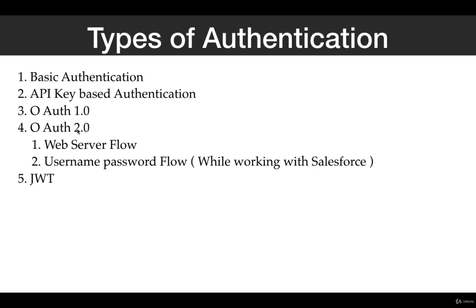First step, to get the code unique to every user, and then second step is to get the unique access token for that user. And we have assigned a separate lecture for each of these authentication schemes, so you need not worry about this. We will discuss in detail in the coming lectures.